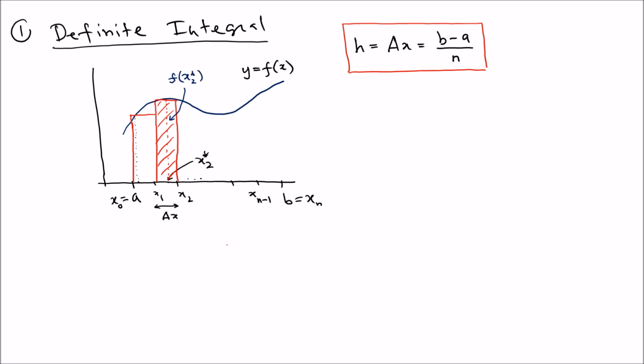That's the height of the rectangle. So you can simply find the area of the rectangle. It's going to be delta x, that's the width, times the height, f of x2 star. Okay, so you're just going to keep doing that for every interval.